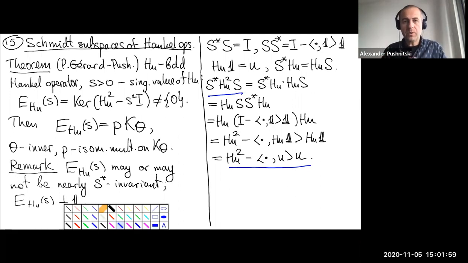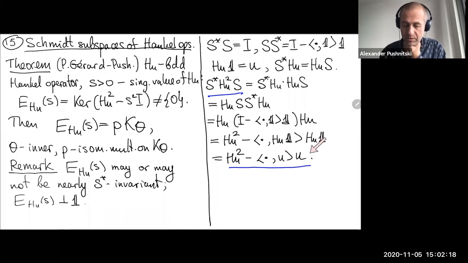Okay, so when you work with Toeplitz operators, for example, you mostly think of the symbol as being separate from the Hardy class, right? It's just something that you multiply. It's a multiplier. So here it's important that U actually appears as an element of the Hardy class.